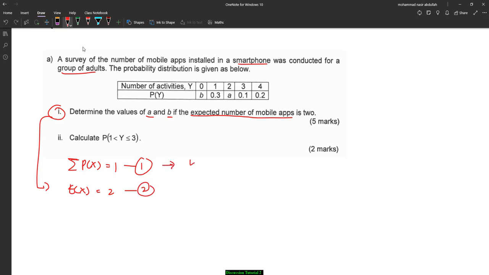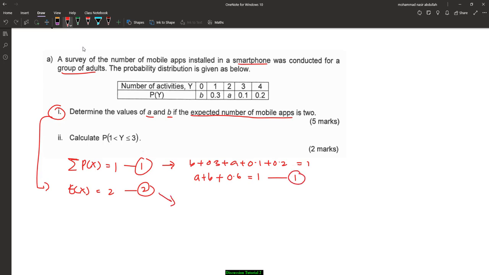So this one should be b plus 0.3 plus a plus 0.1 plus 0.2 equal to 1. Right? Let's solve this one first. So we put the alphabets on one side, and then this one should be how much? 0.6 equal to 1. So this is going to be your first equation.